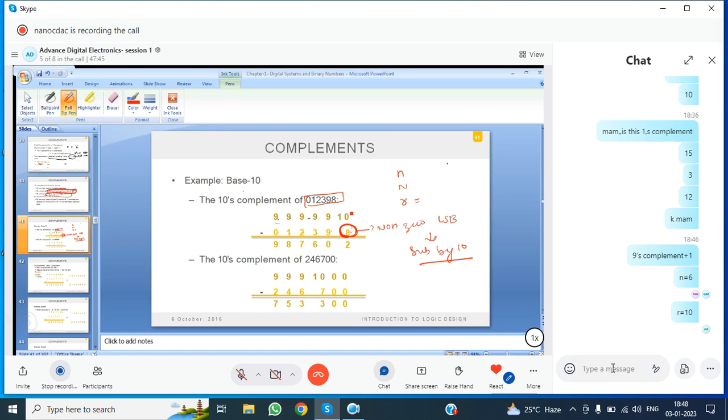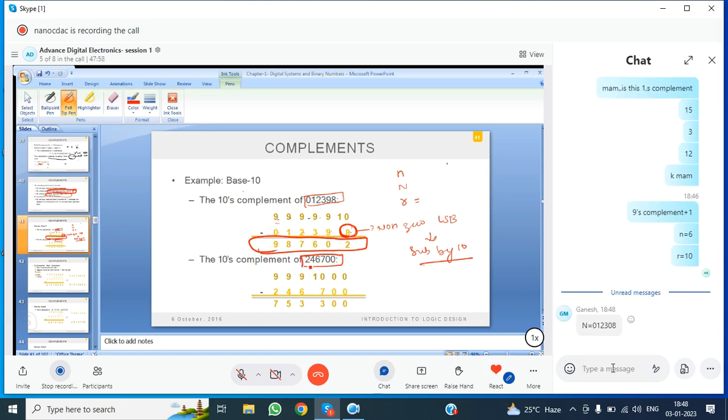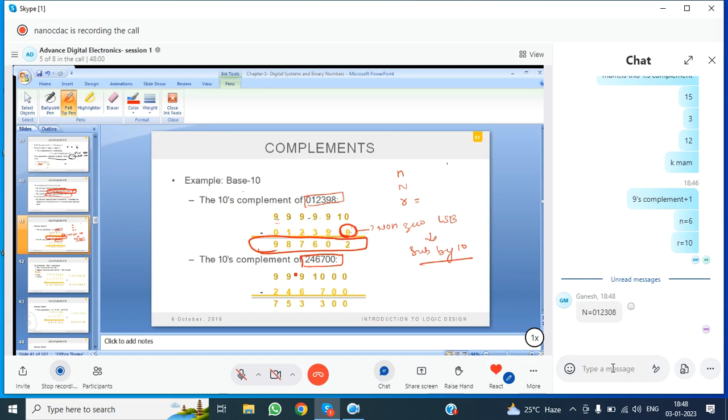So 10 minus 8 is 2, 9 minus 9. So finally what you are getting is this. Now we will take one more example, 24670. So here, what is the first least significant digit, you tell me?